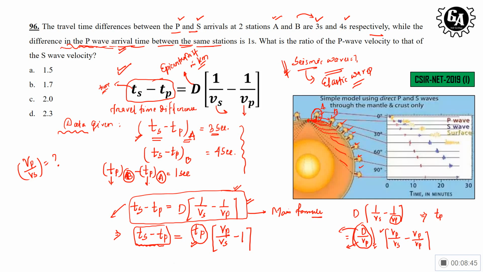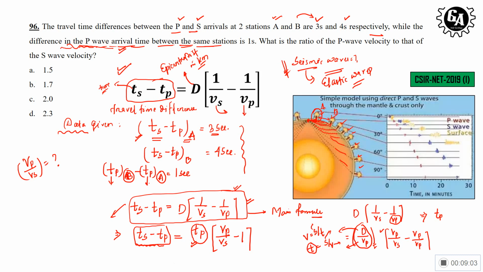V is equal to S by T, we know. Velocity is equal to distance traveled by time. So time is equal to S by V. This is the distance traveled by the wave and this is the velocity, so that is your T, time.